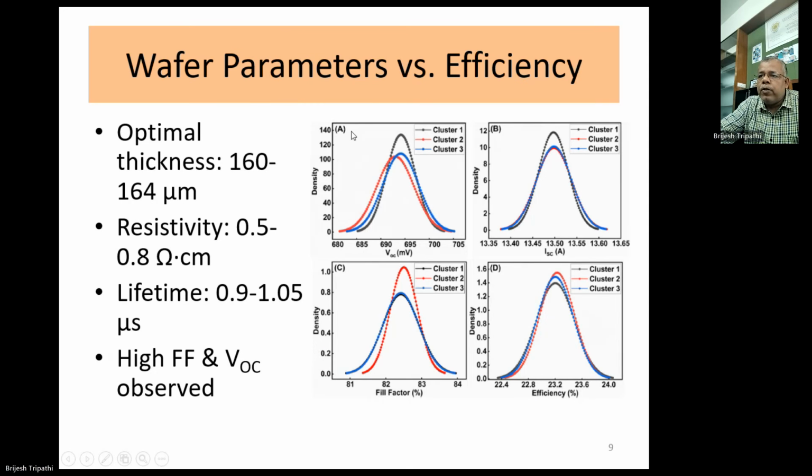That data has been correlated by using machine learning models with the output of those wafers when they have been processed to make solar cells: open circuit voltage, short circuit current, fill factor, and efficiency.